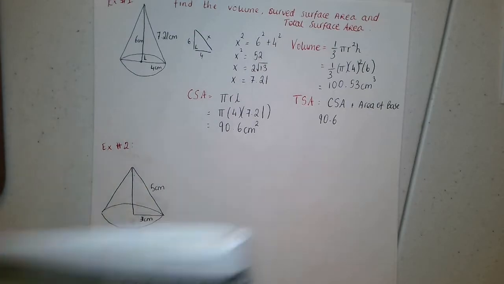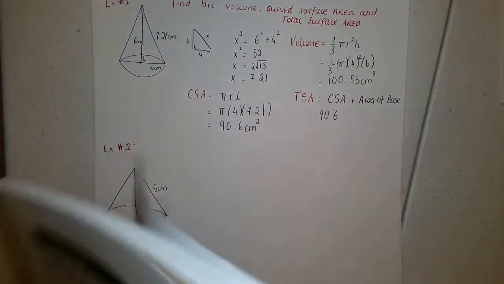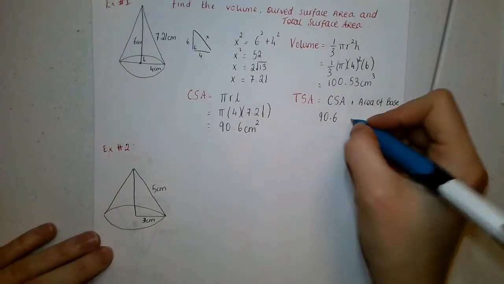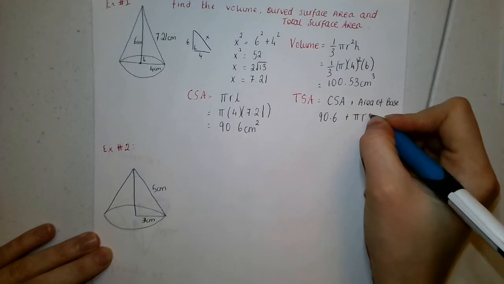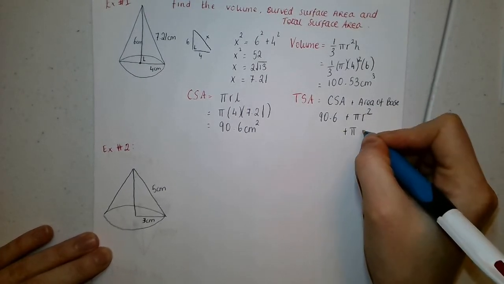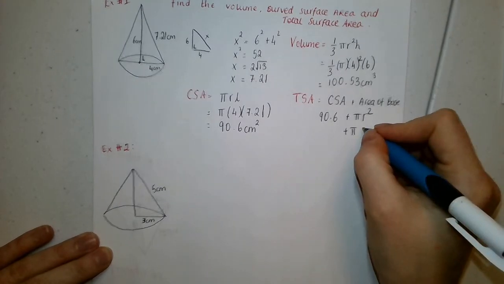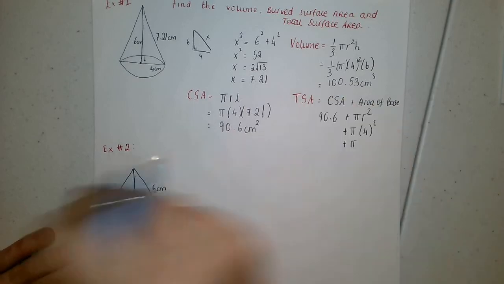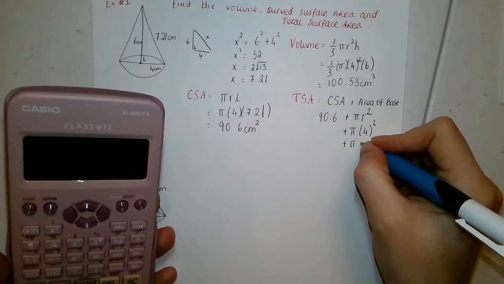So we're going to go to our tables again. Formula for area of a circle here is pi r squared. So we say plus pi r squared. We know that the radius is 4, so pi times 4 squared. So pi times 16.